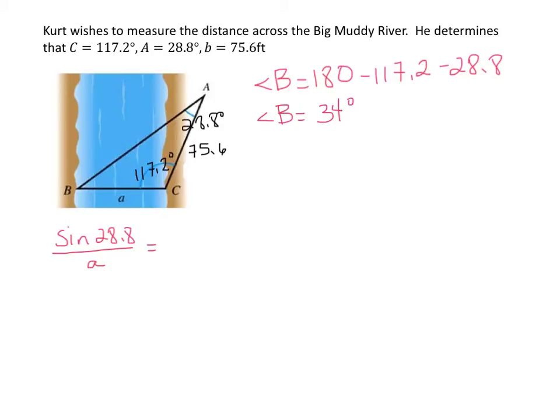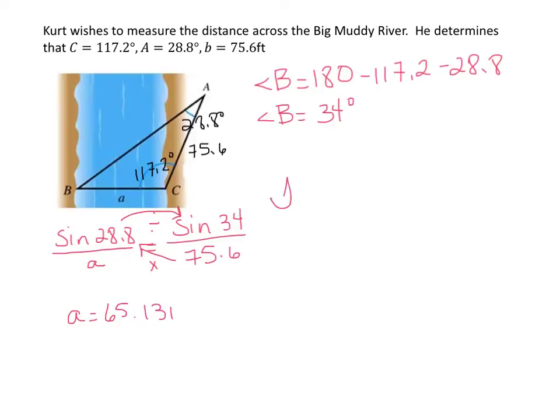So now I can complete the law of sines with sine of B over side B. Again, cross multiply. When I do that, I find that A is equal to 65.131. This is a word problem, so I need to write my answer out in a complete sentence.